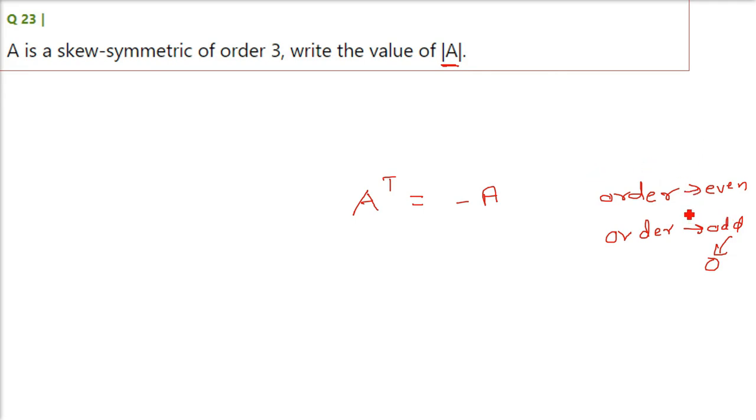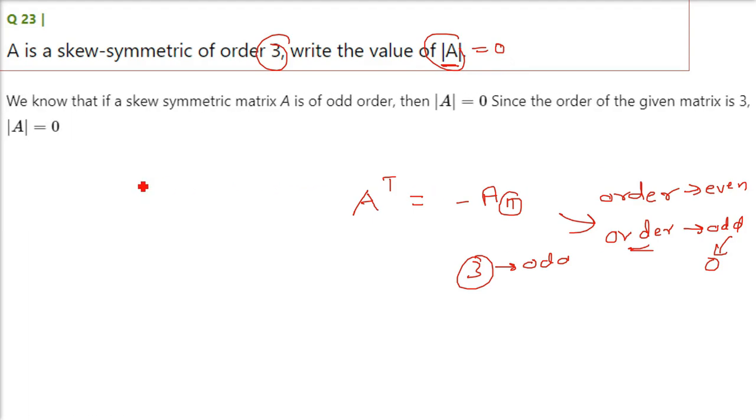But if the order is odd, the determinant will be 0. Now, what is the order in this particular case? The order is 3. Is it even or odd? It is odd. So when it is odd, the determinant of a skew symmetric matrix will be 0. Determinant A is 0 because it is skew symmetric and of course 3 is odd.